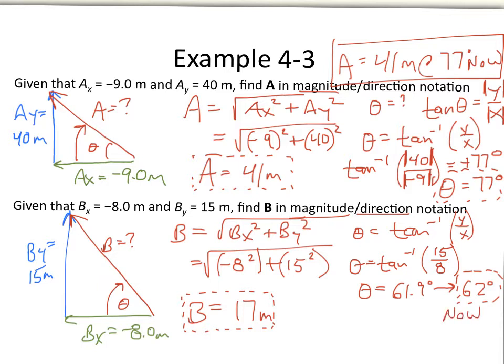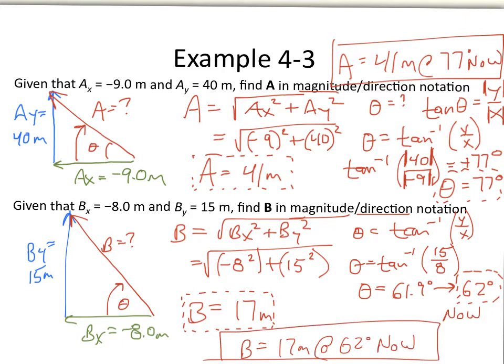So let's put it all together. We have our final vector right here. Vector B is going to be 17 meters, it's a 7, not a 2, at 62 degrees north of west. That's our magnitude right here, and that's our direction. Got our magnitude and got our direction.